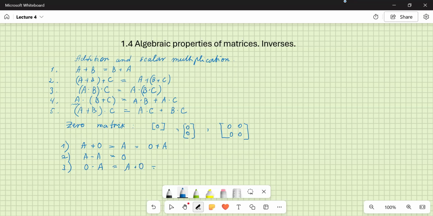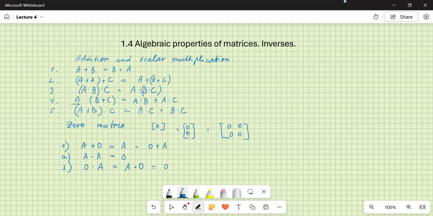Well, remember, by properties of multiplication, we are going to take, for example, a row of matrix 0, which is going to have all zeros, and multiply by a column of matrix A, which could be different numbers, right? If we multiply all those zeros by all these different numbers, we are still going to get a bunch of zeros. If we add them together, we are still going to have 0. So the result is going to be 0.